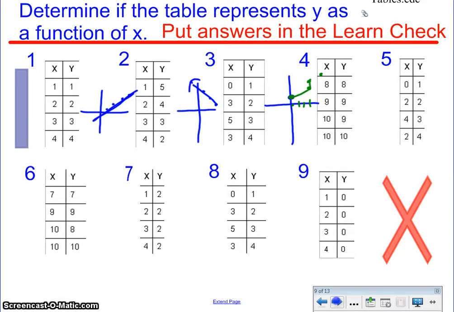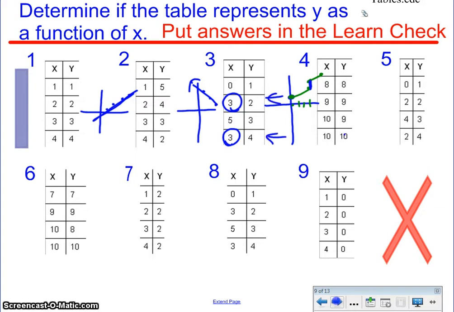So looking at this, the line goes across like this. And if I look at this little spot right here, notice it crosses more than one time with our pencil line test, so it's not going to pass. And what makes it not pass is that X repeats itself with a different Y.